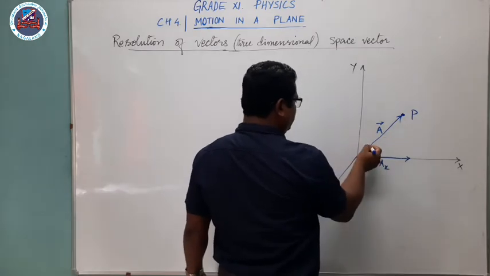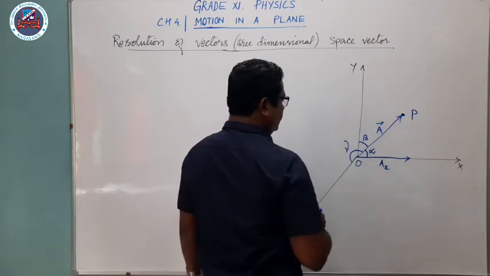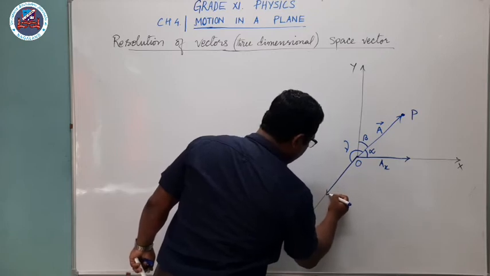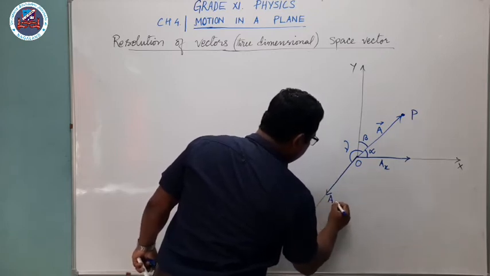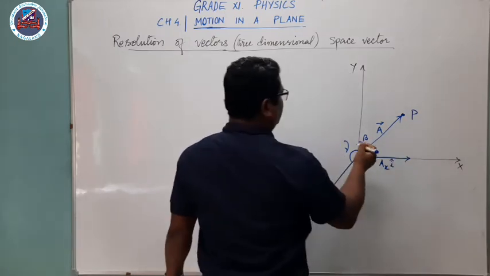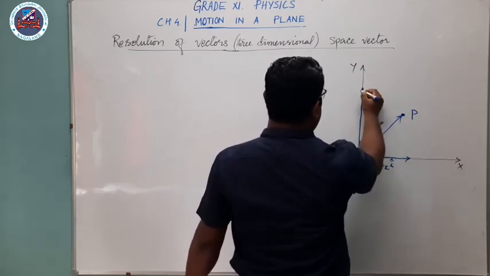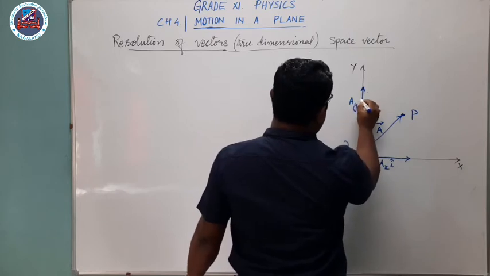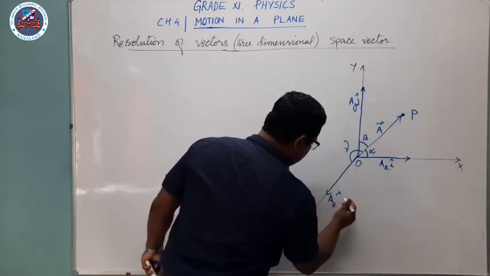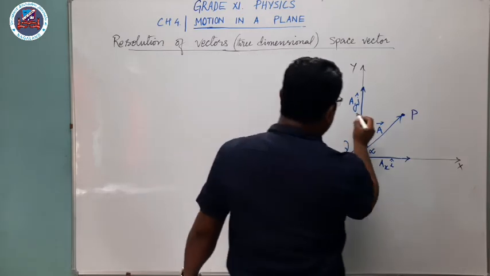The angle along the y-axis we take as beta, and along the z-axis as gamma. Then the vector along the x-axis is Ax i cap, along the y-axis Ay j cap, and along the z-axis Az k cap.